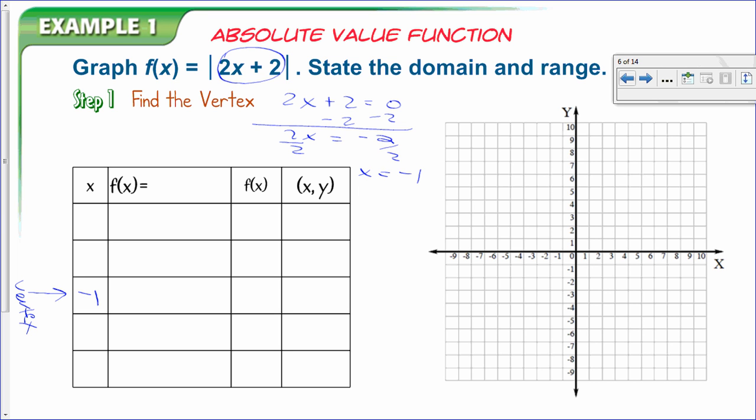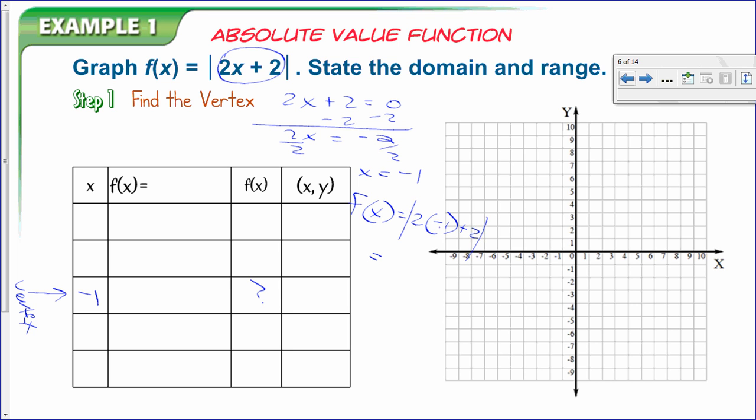Now, how would I find this? What can I do? Yeah, can I plug it back into the original equation? Okay, so f of x equals absolute value of 2 times -1 plus 2.